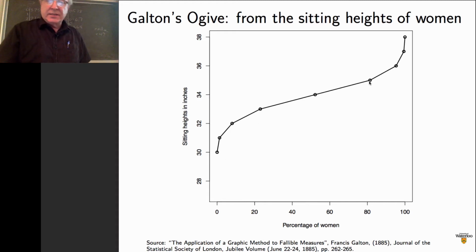And it has this nice kind of curve, so that there's an area in the middle where most of the folks are, and then the top end sort of stretches out a little at either end. Galton called this an ogive, this nice kind of S curve.